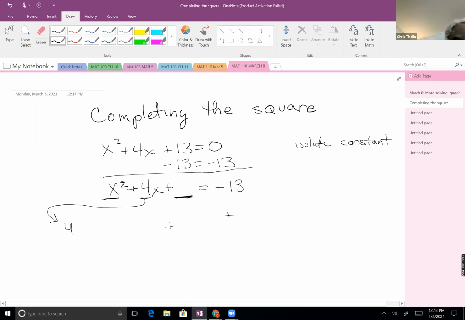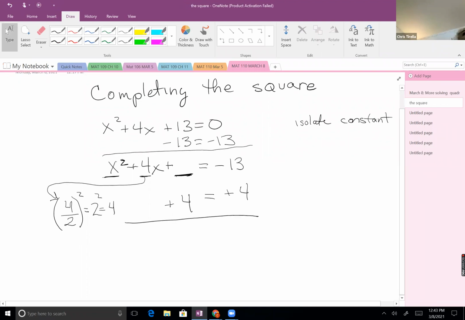And can you remember we said we were going to take that number, divide it by 2, and then square it. And so 4 divided by 2 is 2. And when we square it, we get 4. And so that told me I wanted to add 4 to both sides of the equation. Does everybody remember that process from the end of the day on Friday?